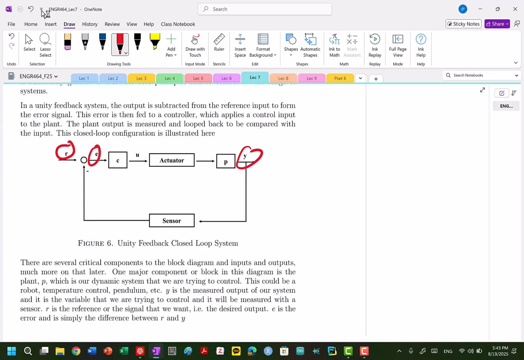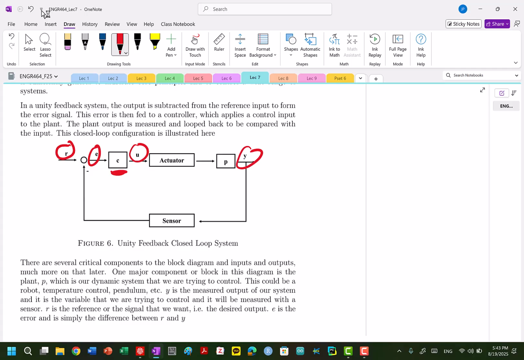Y is essentially the system output, so it's like the system response. C is our controller, so it's what's controlling that system. And it sends U, which is a command output. So from the controller, there's some output command signal that is sent directly to P, the plant.